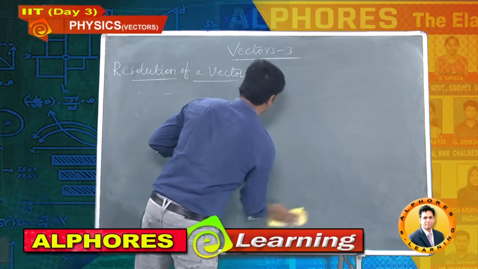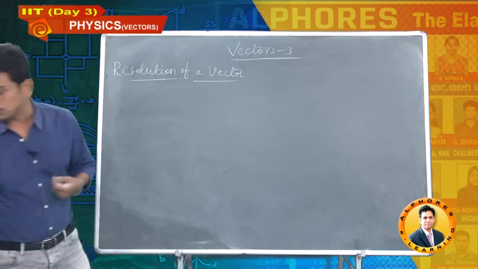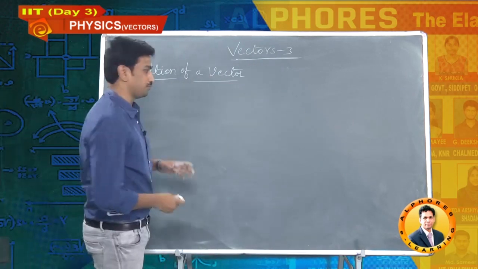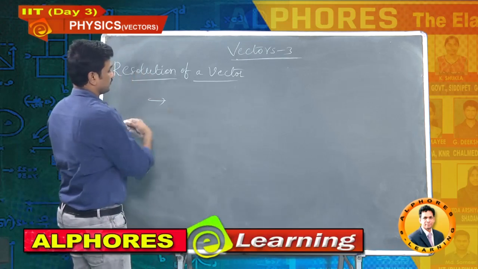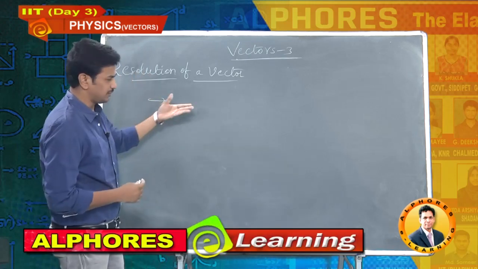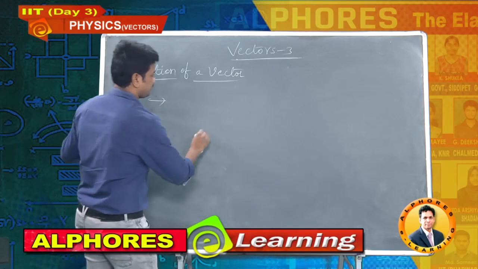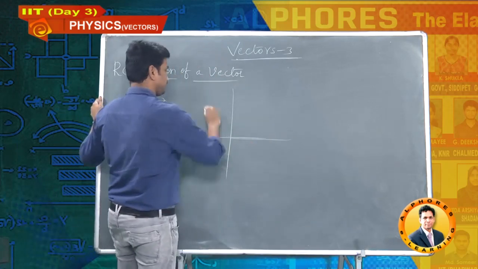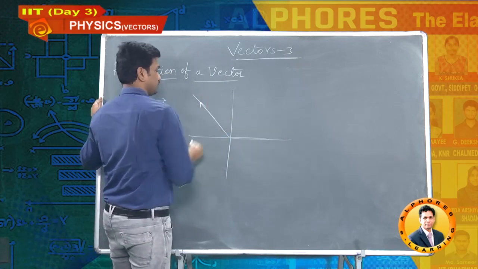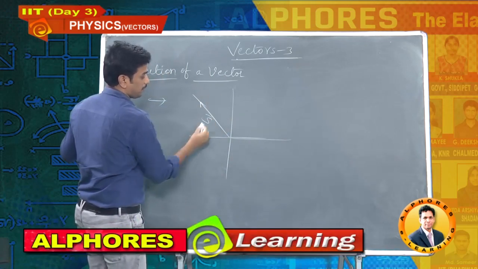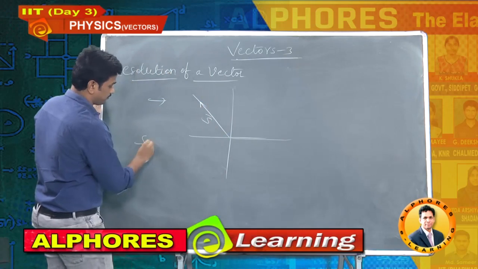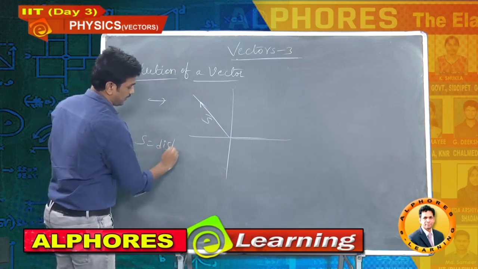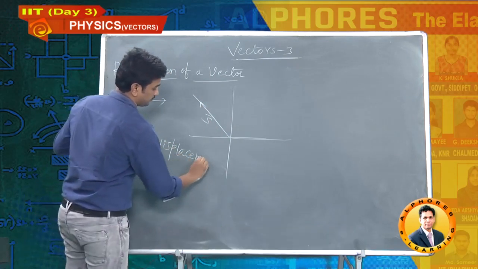See, with these examples, I will give you some questions, same model, you can try. S bar is displacement. Displacement is a vector.